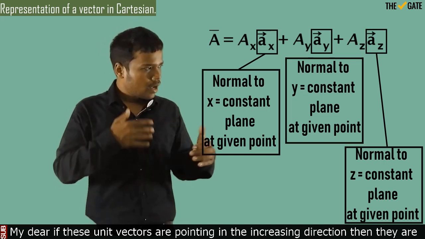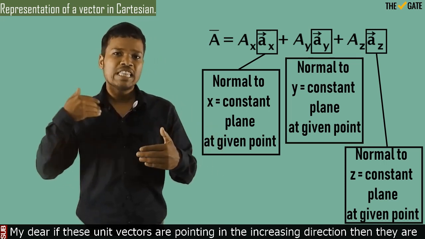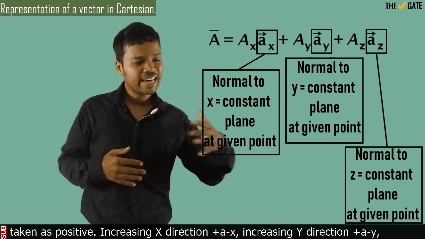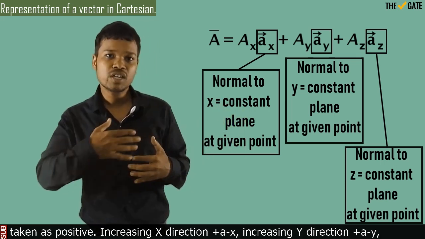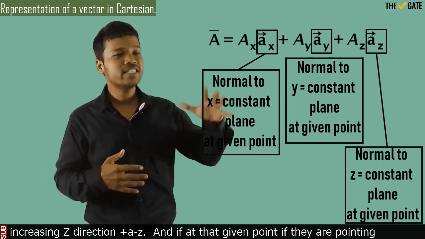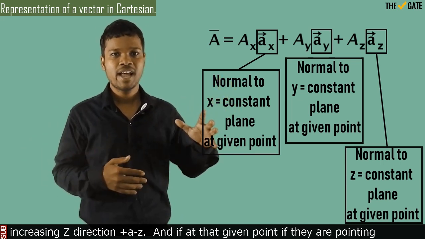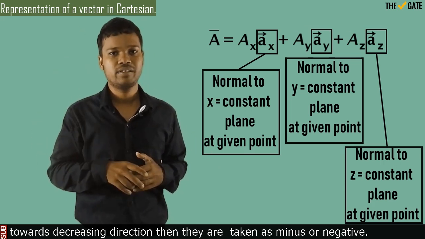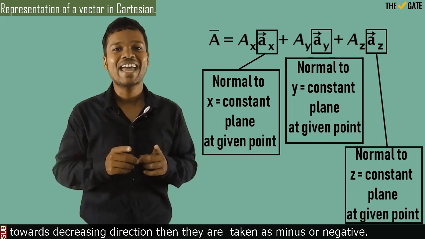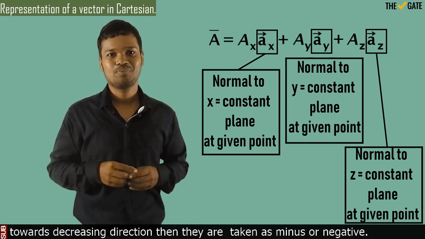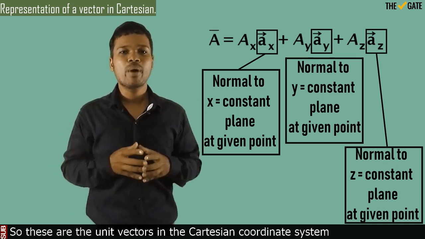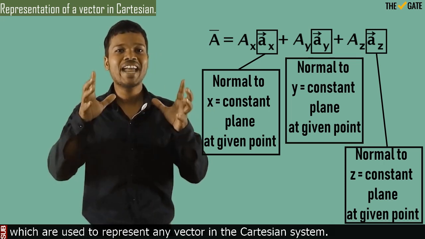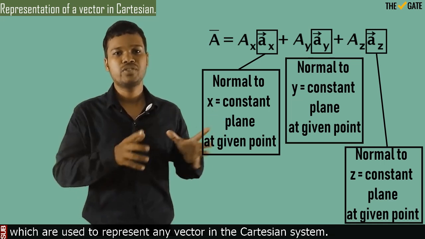If these unit vectors are pointing in the increasing direction, then they are taken as positive. Increasing x direction plus ax, increasing y direction plus ay, increasing z direction plus az. And if at that given point they are pointing towards decreasing direction, then they are taken as negative. So these are the unit vectors in the Cartesian coordinate system, which are used to represent any vector in the Cartesian system.